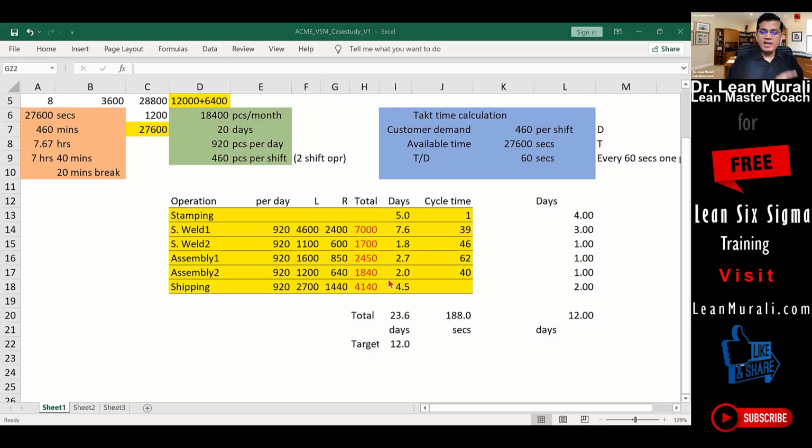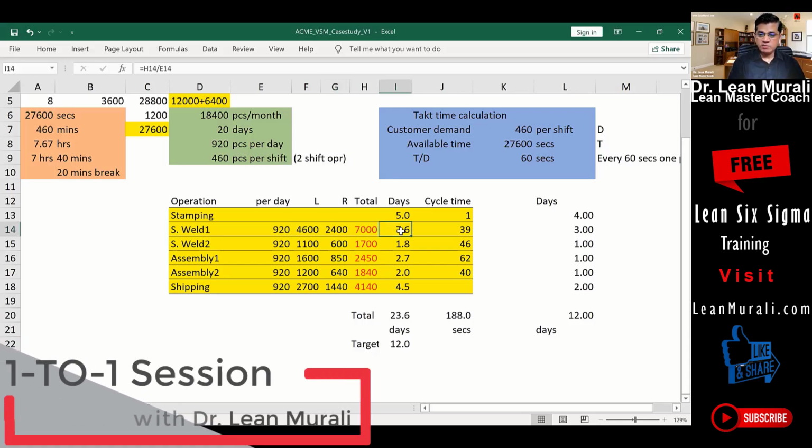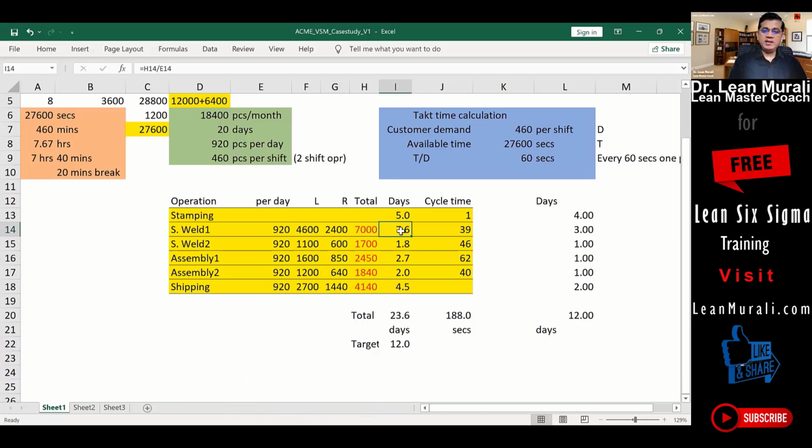But one thing we have to understand is, when we are talking about 7.6 days of inventory, now we start discussing that here we have 7.6. That is why in value stream mapping, we said this is a subject matter experts' discussion, and not any TDH should come and discuss. What is TDH? Tom, Dick, and Harry.